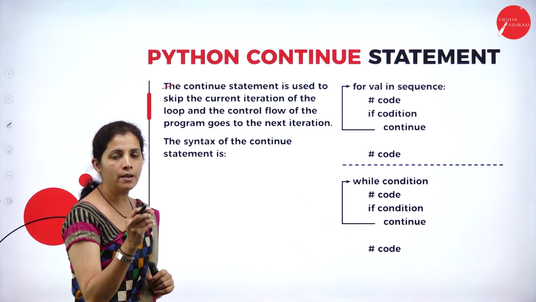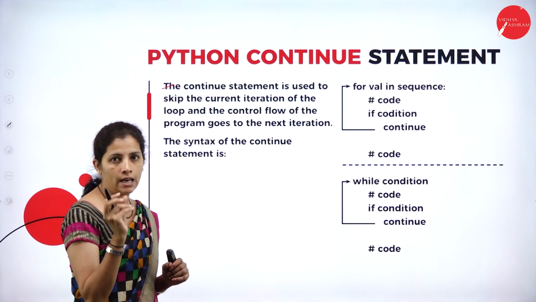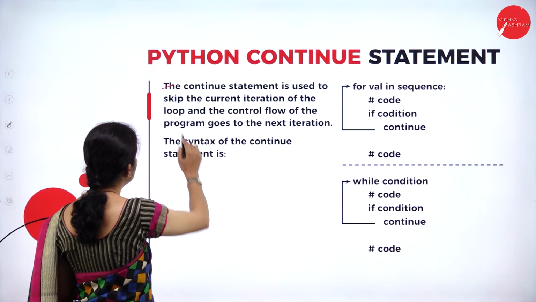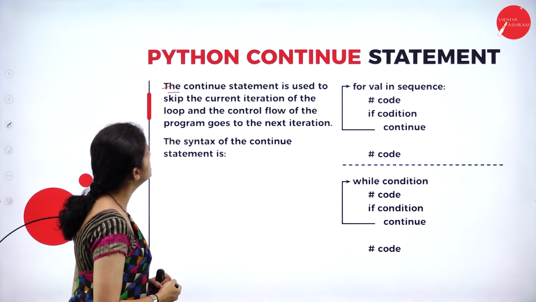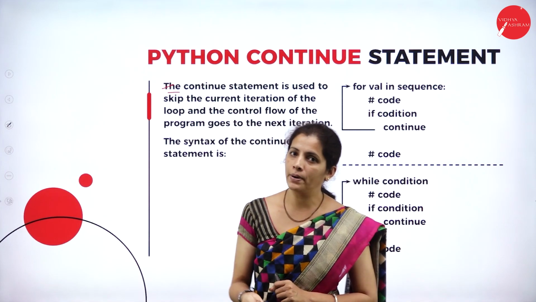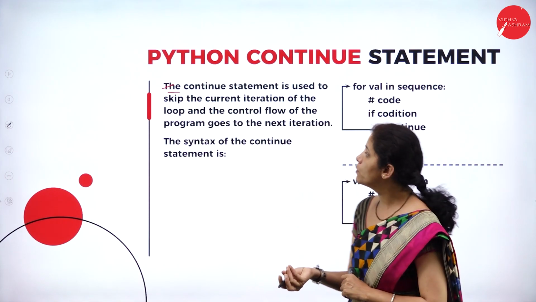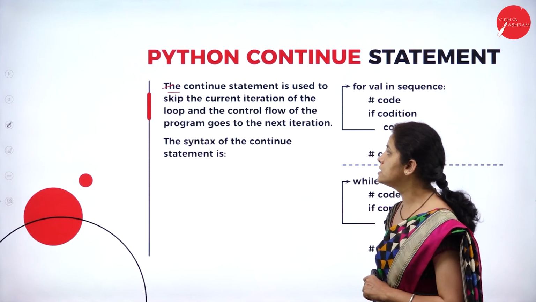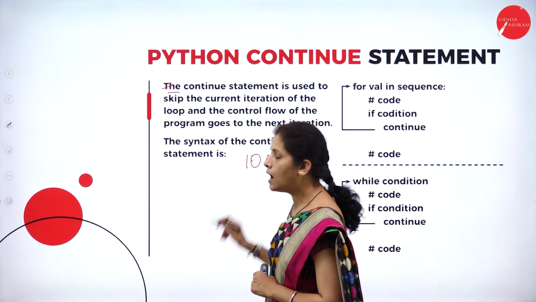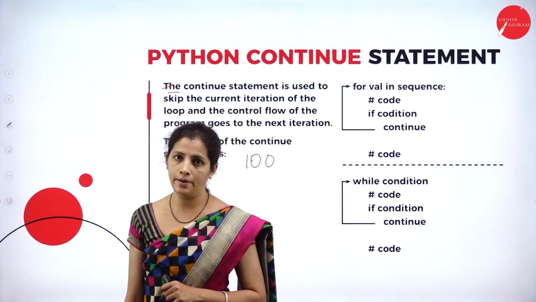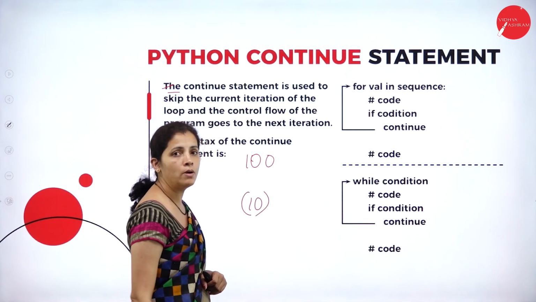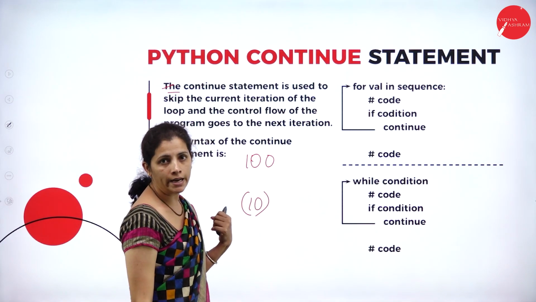So the continue statement is used to skip a particular iteration. There are some times when we want to skip a certain line. At that time, I'm going to use the continue statement. So the continue statement is used to skip the current iteration. See here, in my program, how many iterations do I have? 100. After the 10th iteration, I just want to skip the 11th iteration.